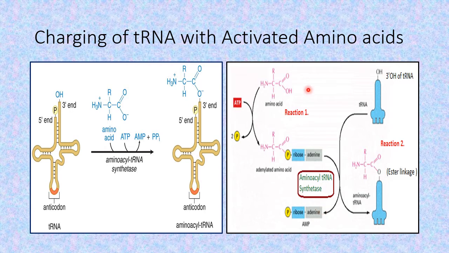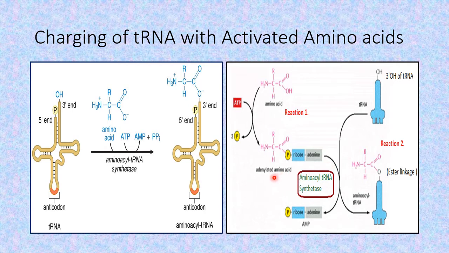So what happens is, first of all, this amino acid gets acylated, that is the adenine group from the ATP molecule in the form of adenosine monophosphate attaches to the acid group of the amino acid. So at this hydroxyl point, in the first step, this adenine group is added.